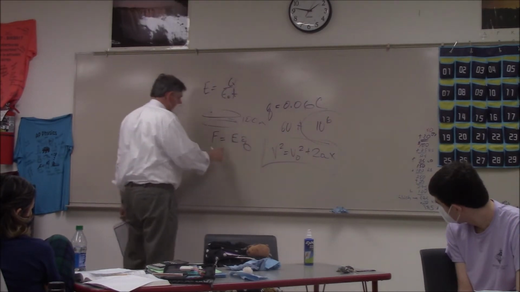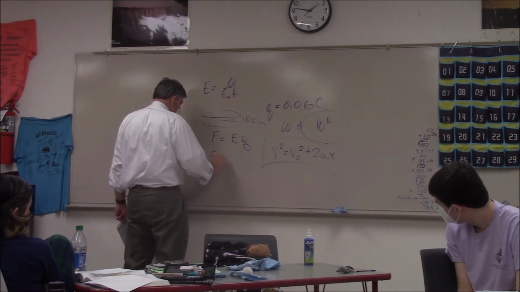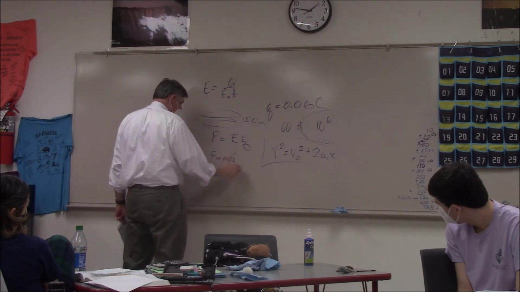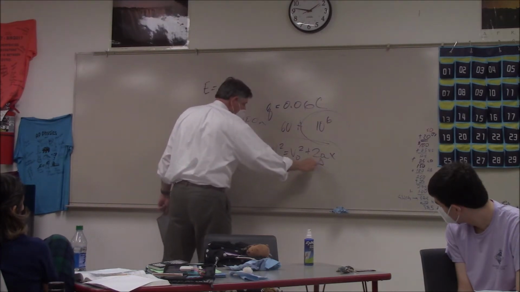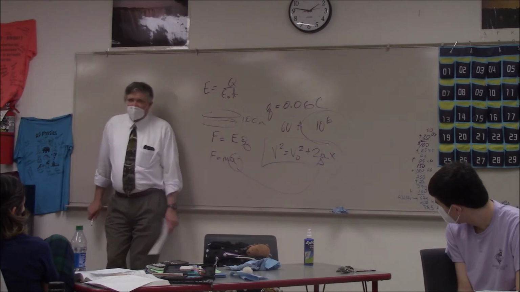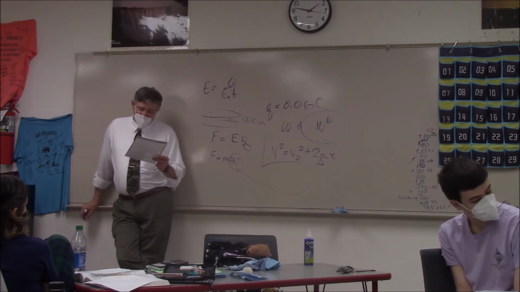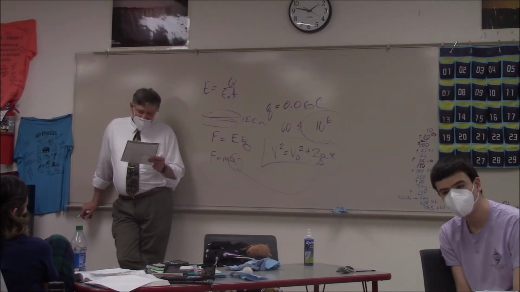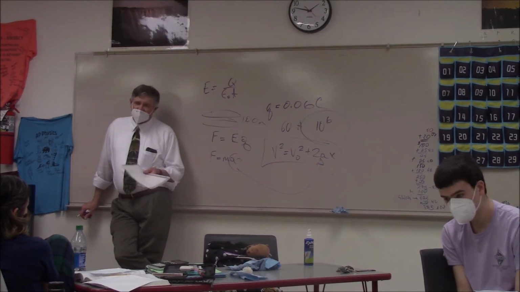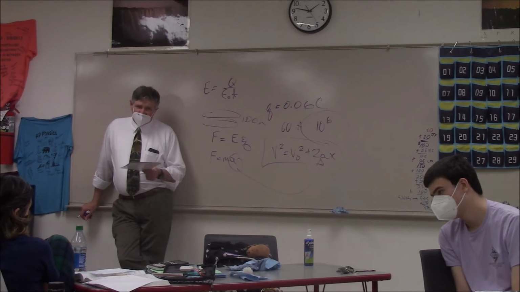You're going to go F equals ma, find the acceleration, and put that in there. If all goes well, your velocity should be something times 10 to the 5th meters per second.